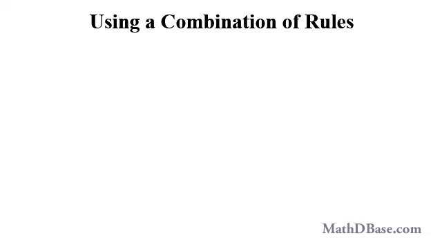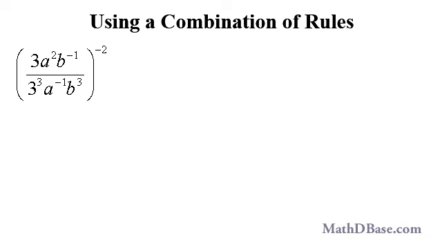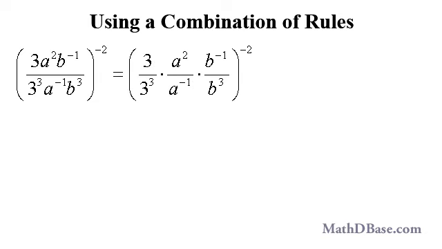Let's look at an example that uses a combination of rules. We have a fraction with 3a squared b to the negative 1 in the numerator, and 3 cubed a to the negative 1 b cubed in the denominator, all raised to the negative 2. First, let's rewrite the entire base fraction as products of factors with the same base. And we get 3 over 3 cubed times a squared over a to the negative 1 times b to the negative 1 over b cubed, all raised to the negative 2.